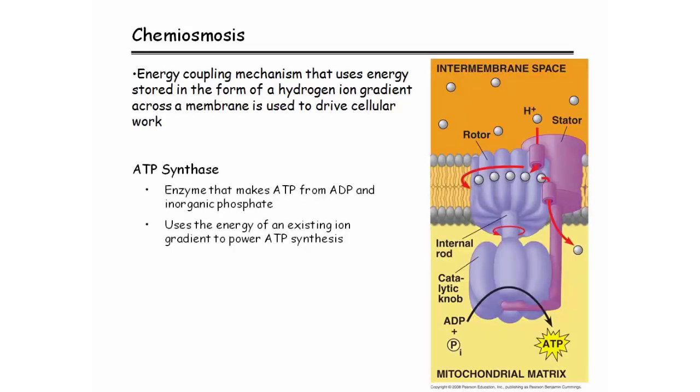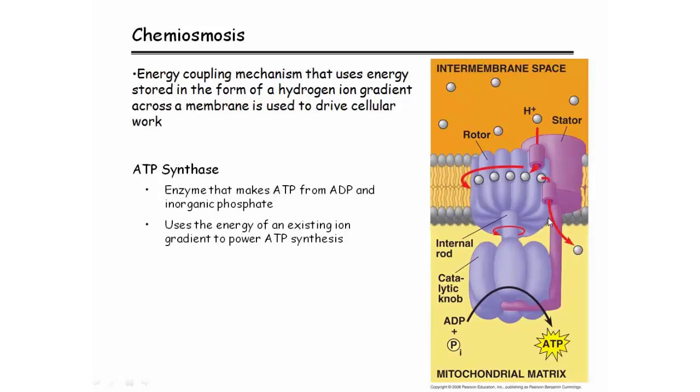Now there is a specific enzyme that's going to be responsible for this chemiosmosis. This enzyme is called ATP synthase. And ATP synthase has a pretty complicated structure to it. We have a little tunnel in this enzyme. That tunnel is going to allow hydrogen ions to flow through it. So they will be flowing from high to low.